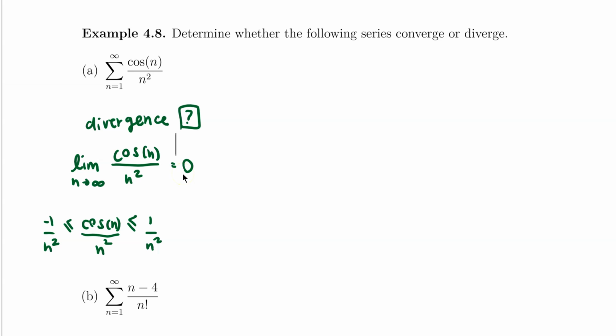So let me now try to use the comparison test. For the comparison test to work, I have to compare this series with another one that I already know whether it converges or diverges. Cosine of n over n squared, maybe I can compare this with 1 over n squared, and we see already that the cosine of anything is going to be between 1 and negative 1, right? So this is going to be less than or equal to 1 over n squared for sure.